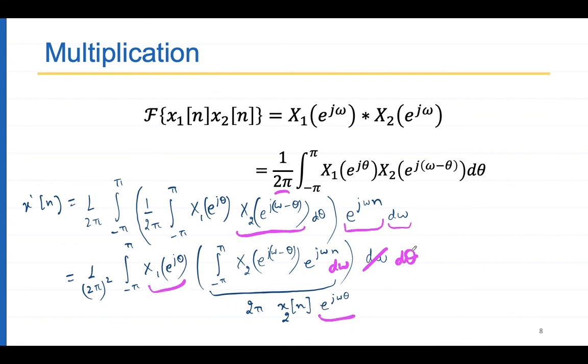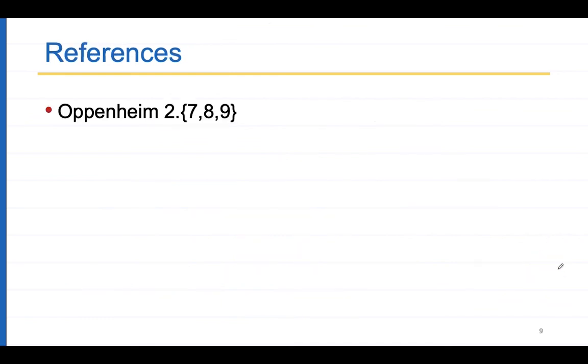Summed and integrated over d theta, it will give me x1[n]. So that's what I get. I prove that this thing is equal to x1[n] into x2[n]. And the reference for this part is again Oppenheim, chapter number 2, sections 7, 8 and 9. Thank you very much.